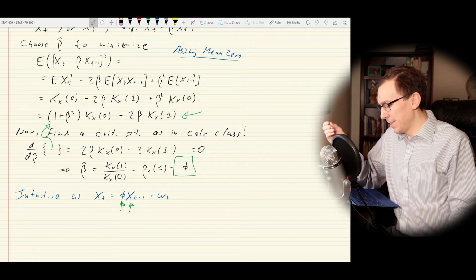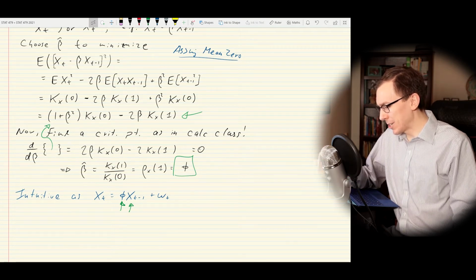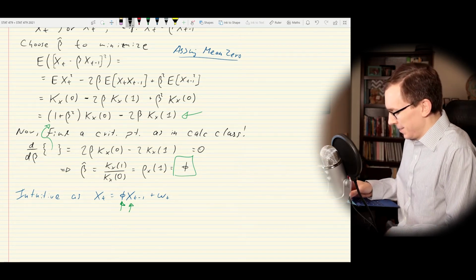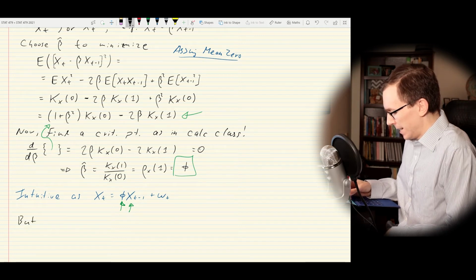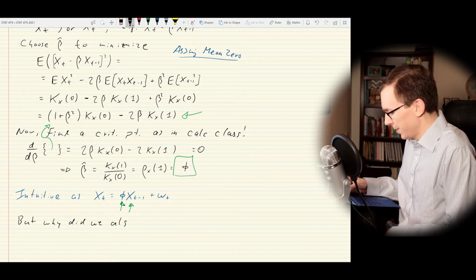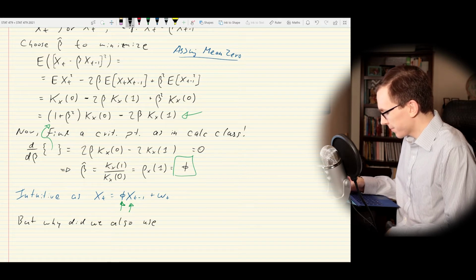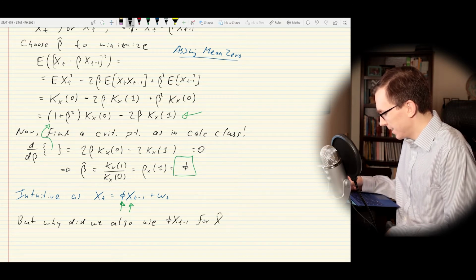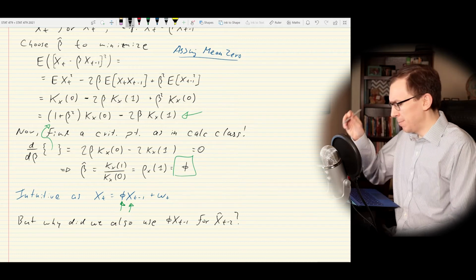But then the harder question: why did we also use phi x_{t-1} for x hat_{t-2}?